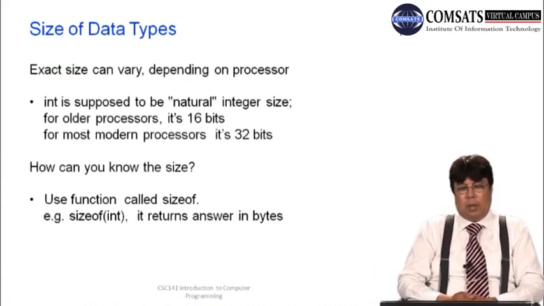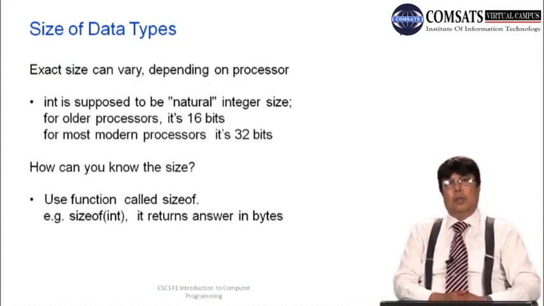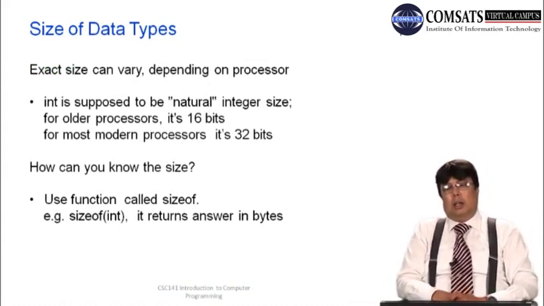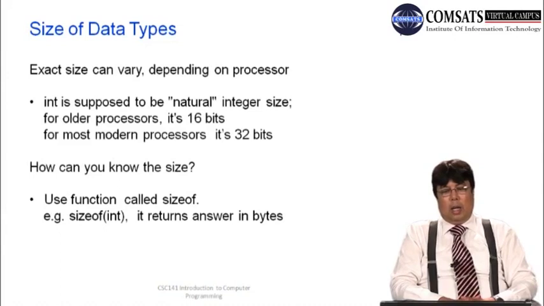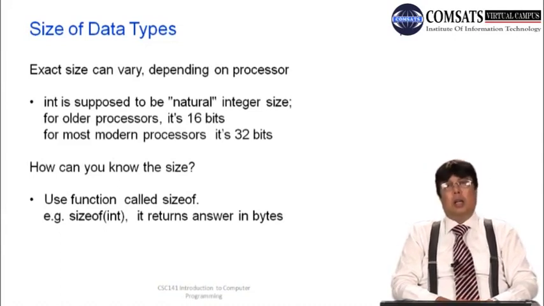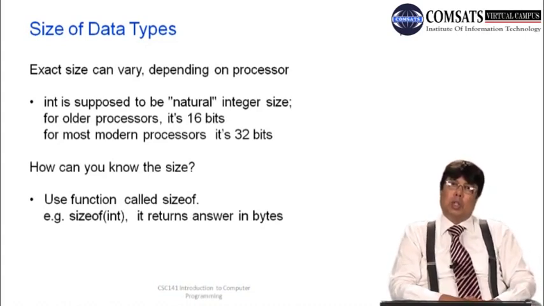Size of the data type. I think I have already confused you in the previous slide by saying that integer can be 16 bit and integer can also be 32 bit. So how can you overcome this confusion? These are natural data types which can be 16 bit or 32 bit depending upon your machine.